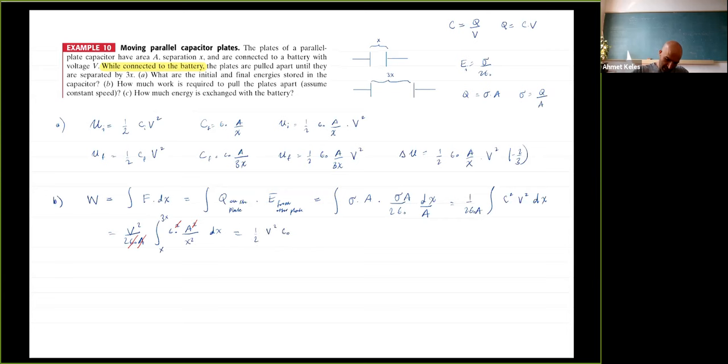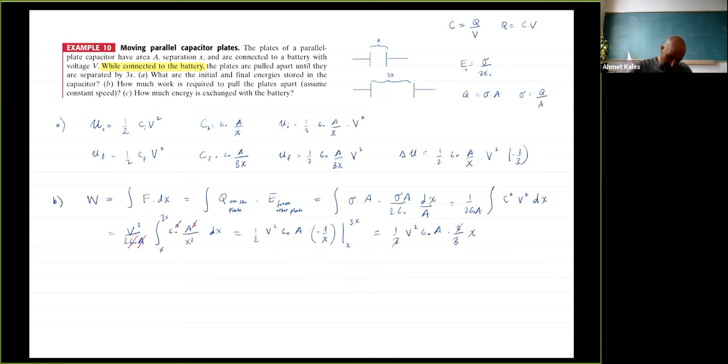If I take the derivative, I get the correct integral, and it should go from x to 3x. So this is minus 1 over 3x plus 1 over x, which is equal to 2 over 3x. So this should be equal to 1/2 V squared epsilon naught area times 2 over 3x.